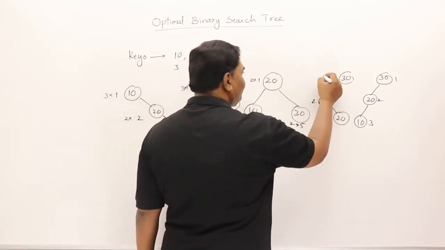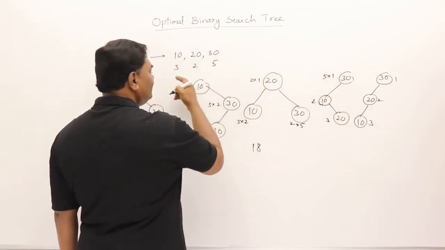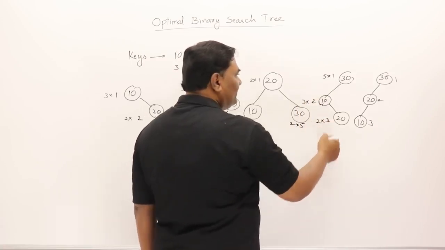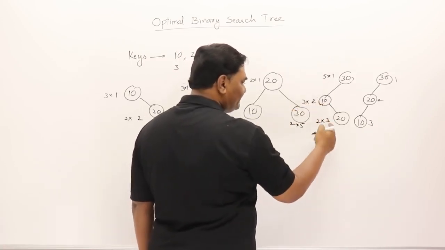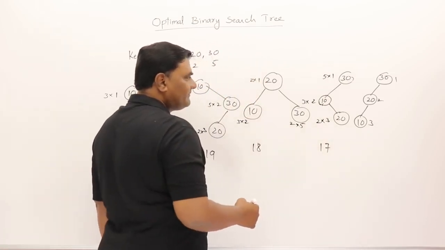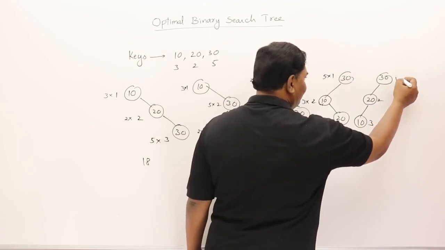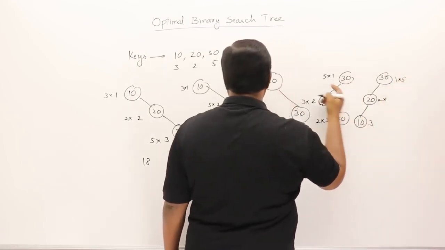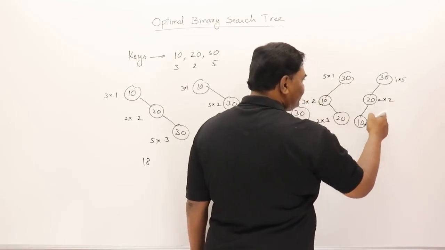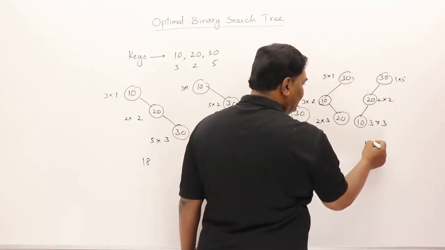And here it is 5, then 10, that is 3, and this is 2. So this is 5 plus 6 plus 6. So this is 17. And this is 5 into, this is 2, and this is 3. This is 9 plus 4 plus 5, 18.